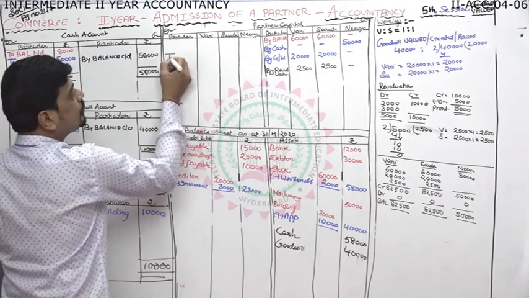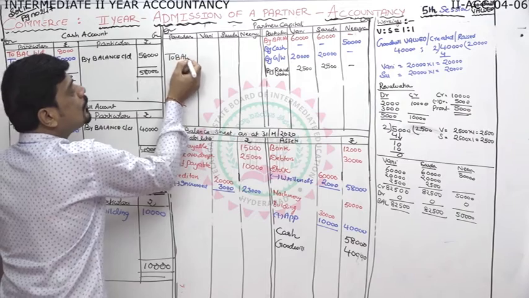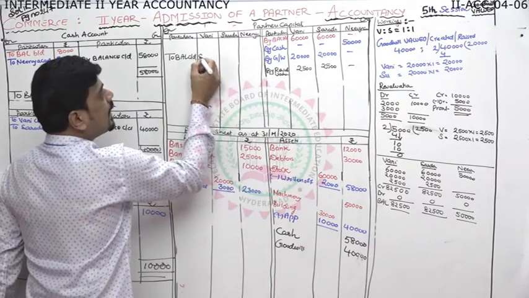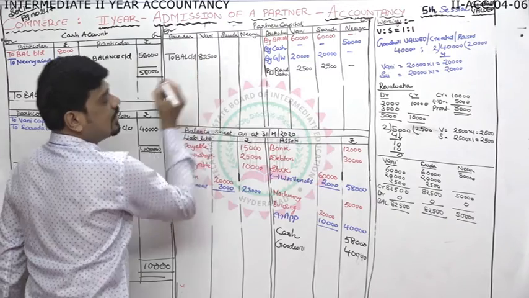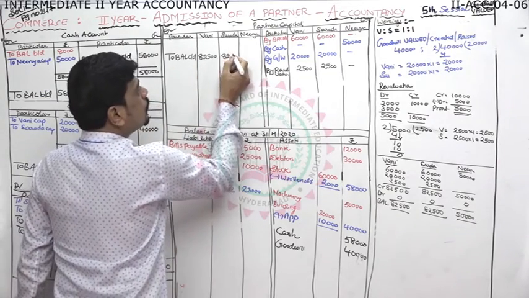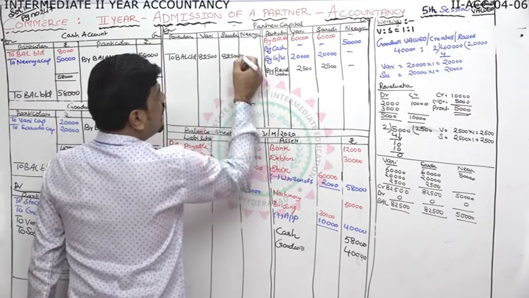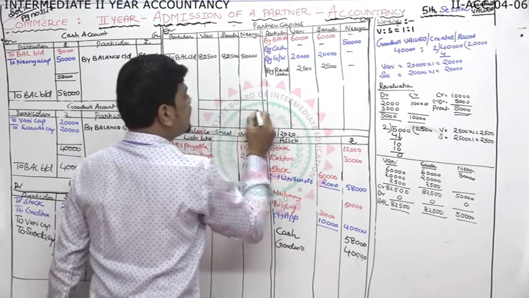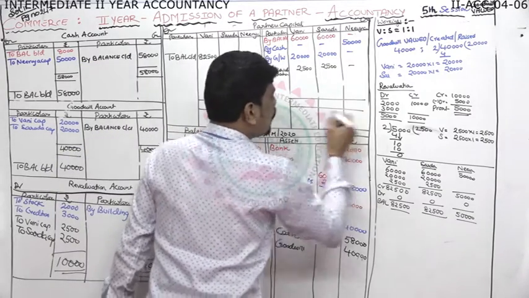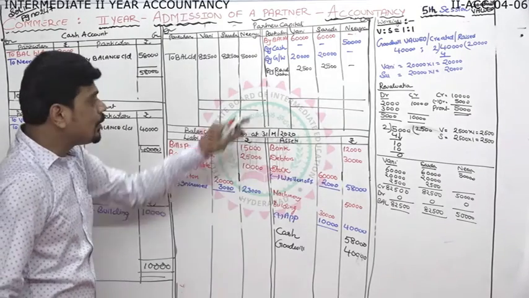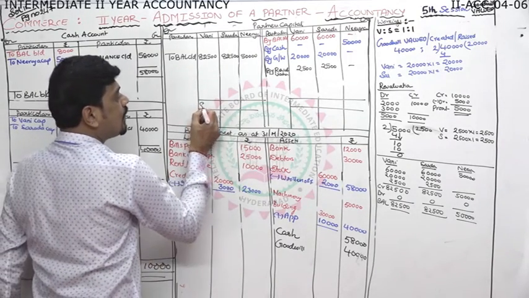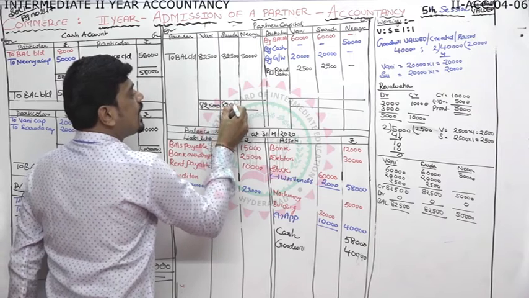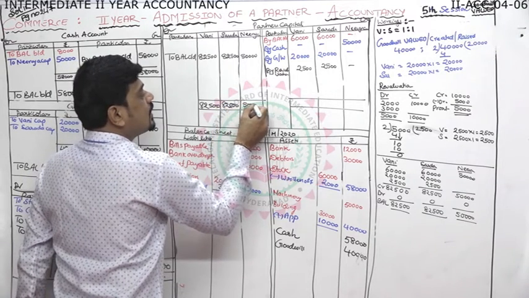So first we'll post them here. To balance carried down. What is the new capital of Vani? 82,500. Here also Sharada same, and Neeraja she brought 50,000. Close the partner's capital. I am not closing in the end, dear, you can see, because I'll bring down the balance. What is the total? 82,500 and 50,000.